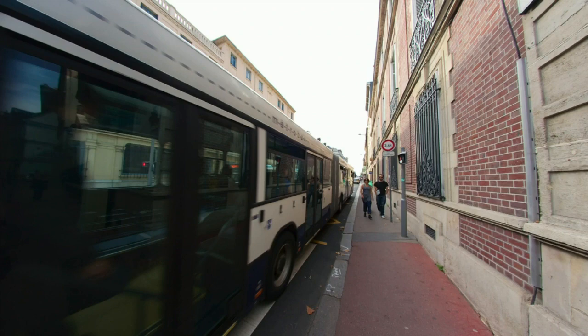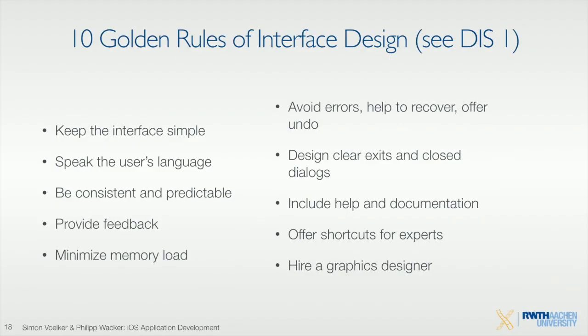And here's a little bit of a crossover to DIS1, where we want to teach you how to create an interface that is easy to use and easy to understand. Here are 10 golden rules, which are some key functions. We will get back to that over the next couple of lectures, just to give you a hint of what kind of rules you should follow when you design something.